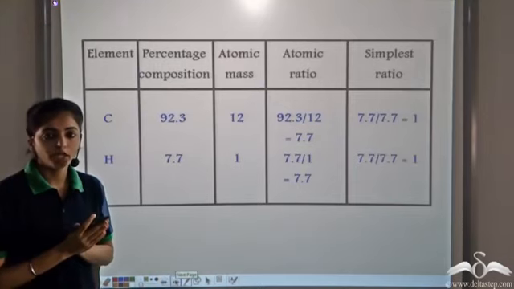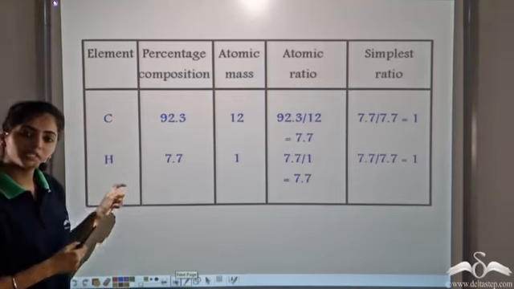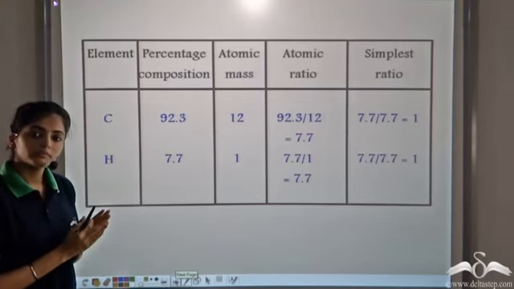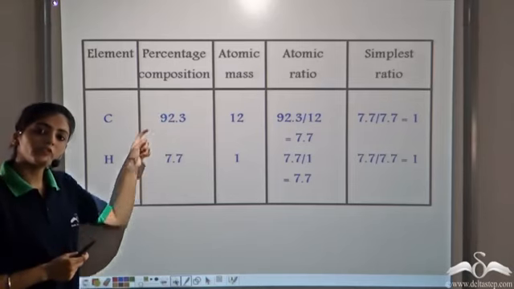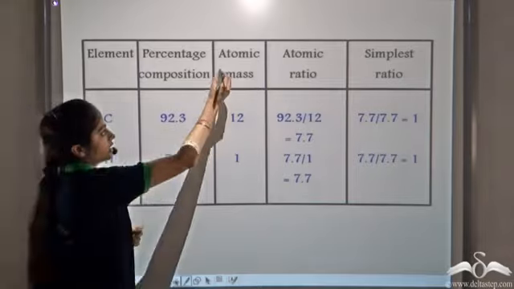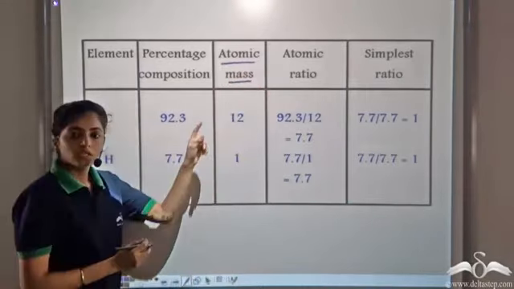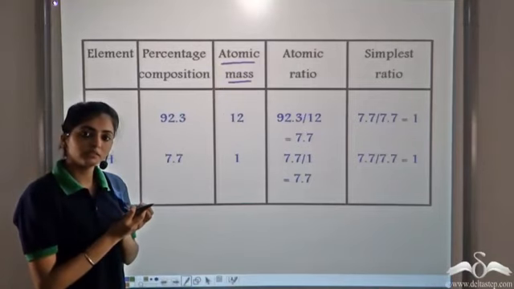So whenever we have to find the empirical formula of a compound, we see the different elements which are present in the compound. Then we find the percentage composition of each element. After that, we take the atomic mass of each atom which is present.